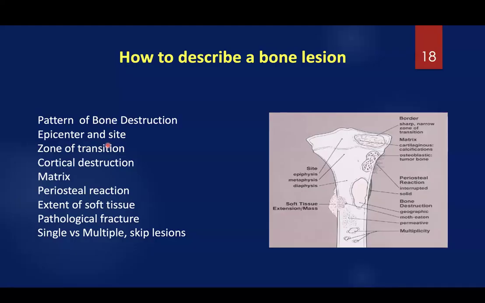Let's say the center of the lesion is in the epiphysis: there are differential diagnoses of epiphyseal-based lesions like intra-articular geode, intra-articular ganglion, and chondroblastoma. While if the epicenter is in the cortex itself, then there are cortical-based lesions like non-ossifying fibroma, osteofibrous dysplasia, and adamantinoma.